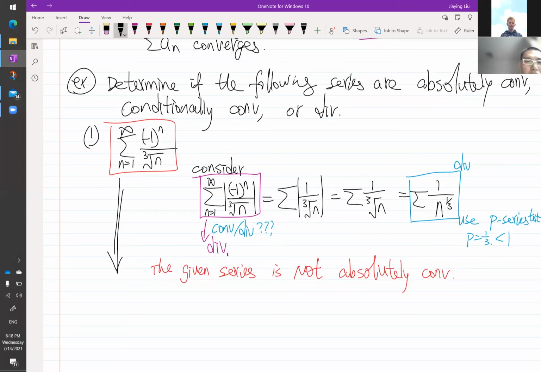So if you look at this series, it is alternating, right? It has a (-1)^n. So this is an alternating series. And if we want to know if it's convergent or divergent, remember the alternating series test. The first condition is that the limit goes to 0. The second condition is that the terms will be decreasing.